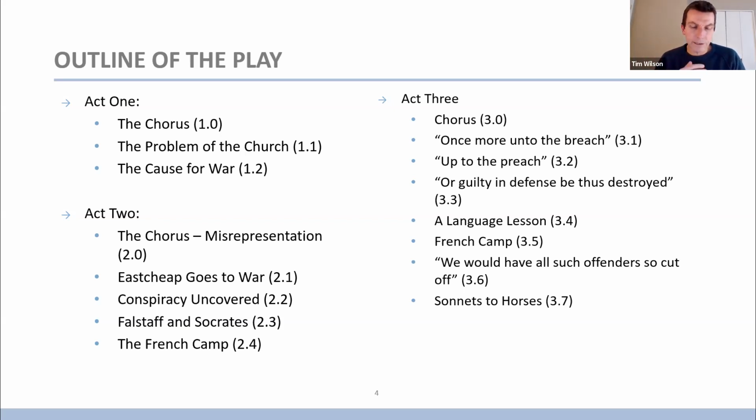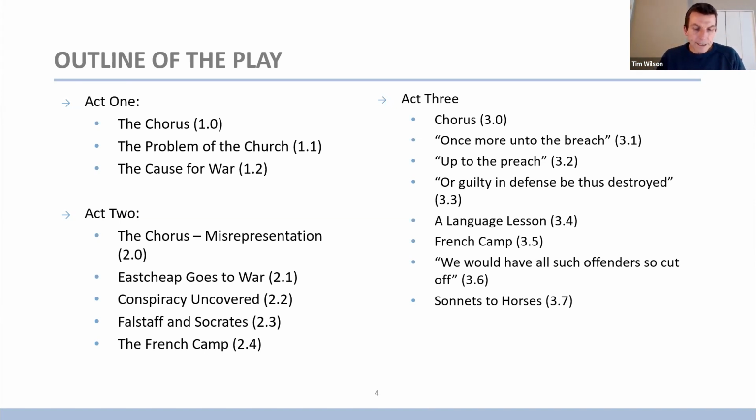That hasn't really come through, but historically that was the case. This English campaign suffered from dysentery, and they were famished during these sieges where they didn't have supplies, and we hadn't really been exposed to that in the earlier scenes.